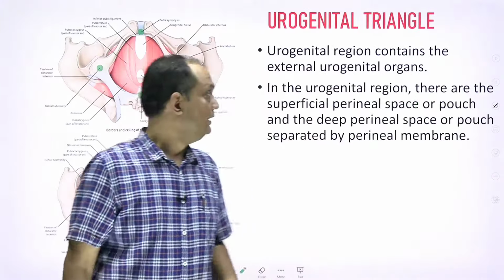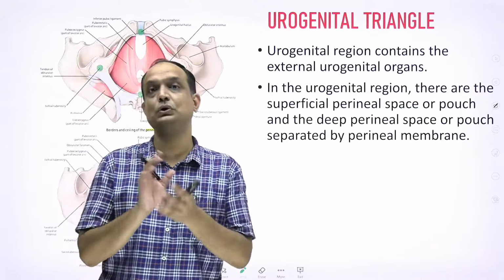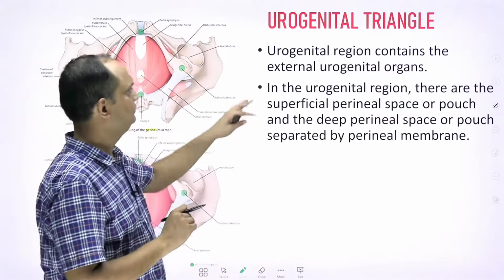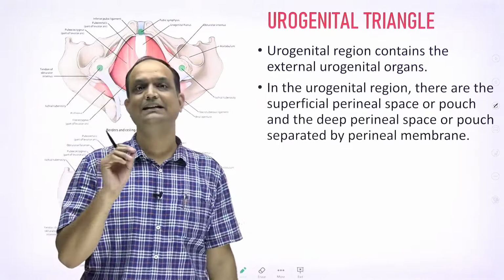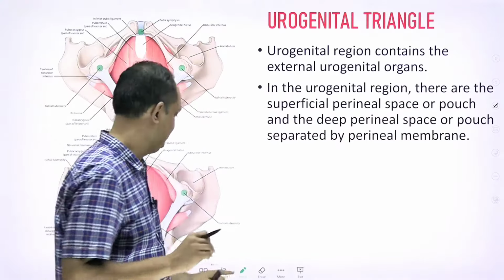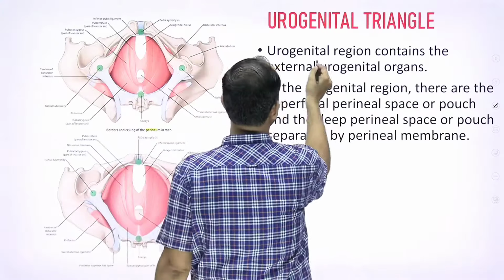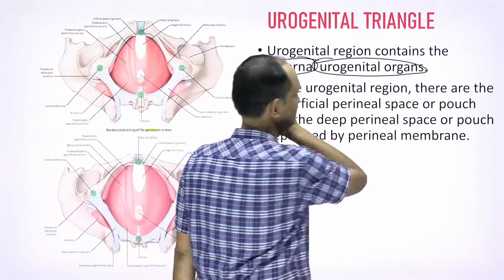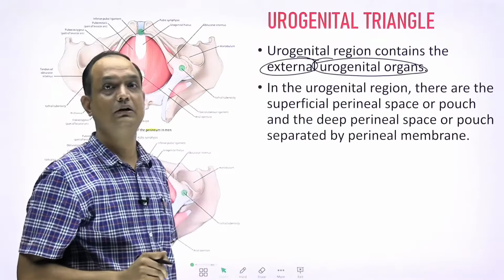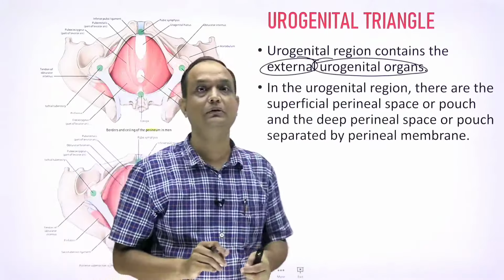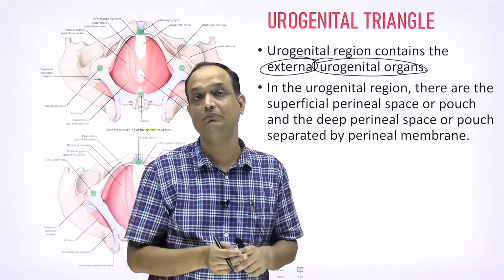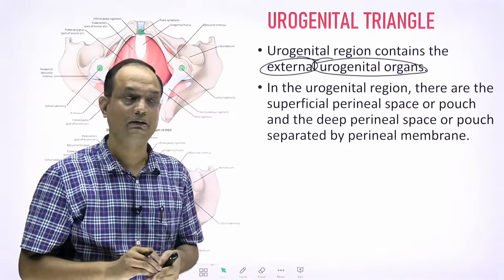Clear? Now, what is the urogenital triangle? As the name itself suggests, the urogenital triangle has the external urogenital organs. What are these external urogenital organs? In the male, you have the penis and the scrotum. In the female, we have the vaginal canal.